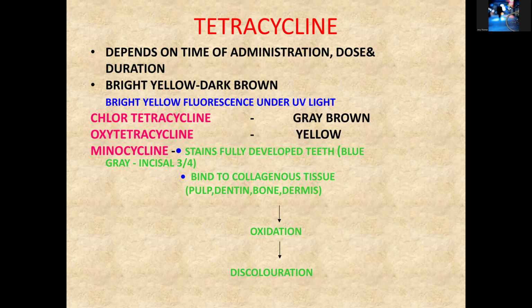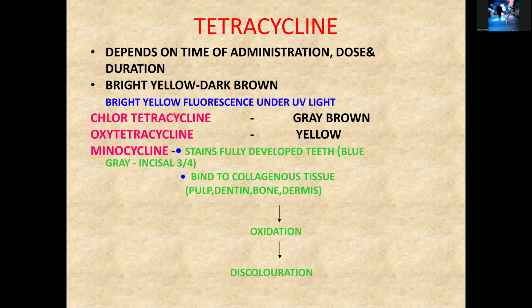Chlorotetracycline can result in a gray-brown discoloration, whereas oxytetracycline can result in a yellow discoloration. Minocycline. Here, the stains are seen in the fully developed teeth in the incisal third.